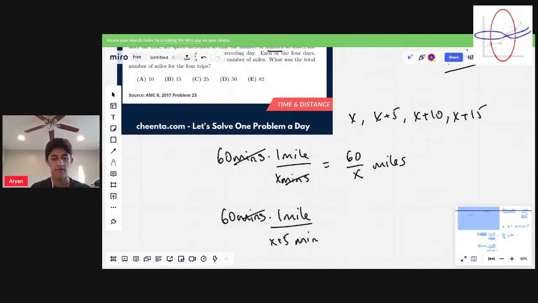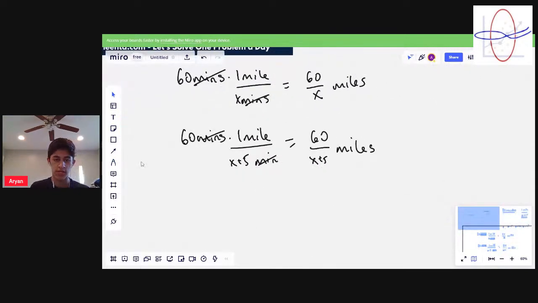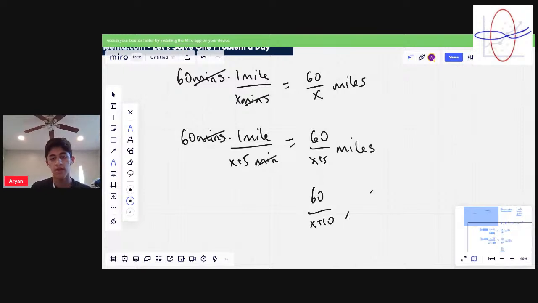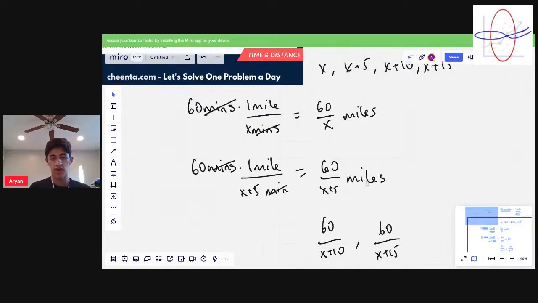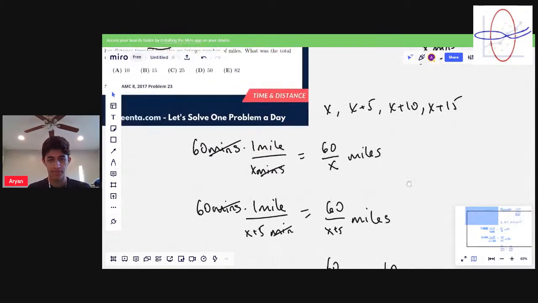Now minute and minute cancel, and you get 60 over X plus 5 miles. I'm not going to write out the others, but it's the same logic: 60 over X plus 10 and 60 over X plus 15. These are all in miles. So we have 60 over X miles traveled on day 1, 60 over X plus 5 miles on day 2, and so on.